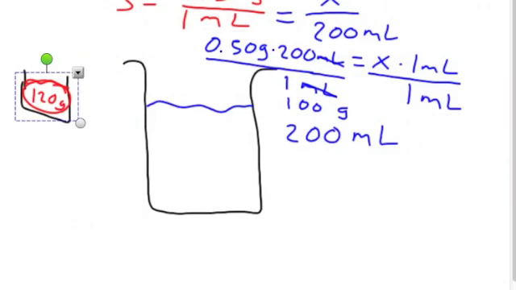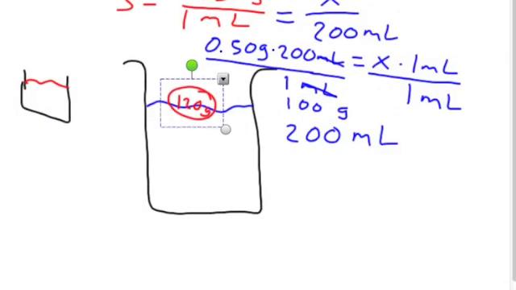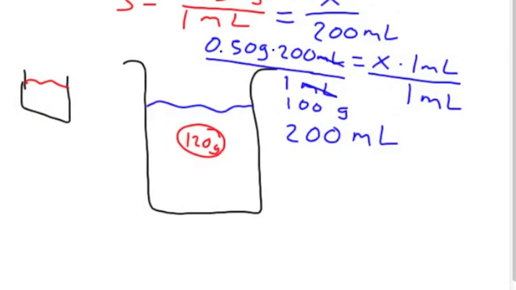If you place this 120 grams into this solvent, do you know what's going to happen? So students, solubility says how much will dissolve. The solubility of this material says that 100 grams of it will dissolve in this 200 milliliters of water. What happens to the other 20 grams? It doesn't dissolve.